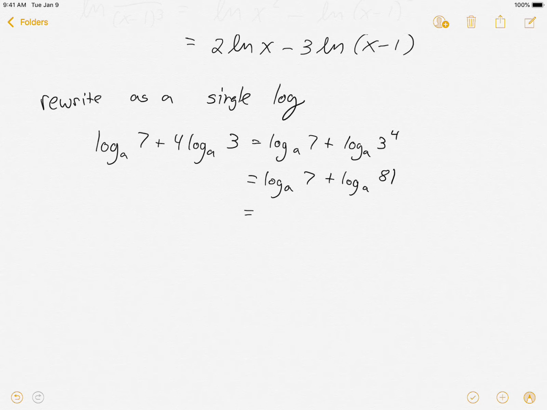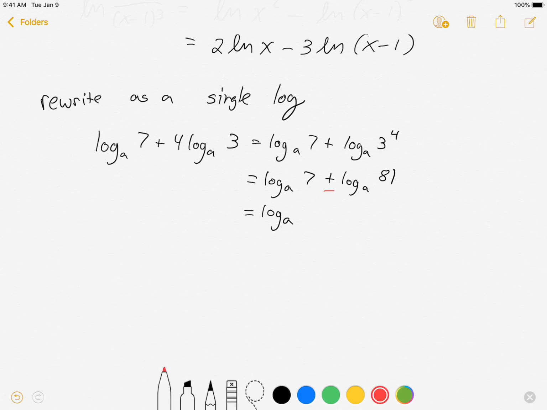Then I can multiply those two guys, 7 times 81. I can multiply them because this right here is addition, so I can multiply them together. And so we have log base a of 7 times 81, which is 567.